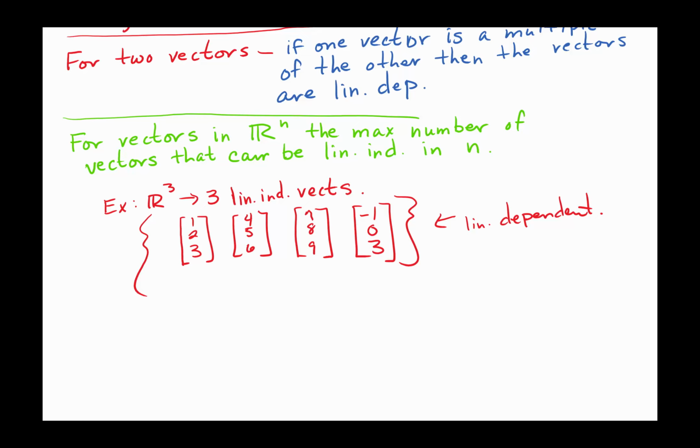So if we're in R3, you can have 2 independent vectors in R3, but you can't have 4. And lastly, if your set of vectors includes the 0 vector, then the set is dependent. If any of the vectors is the 0 vector, then the set is dependent.